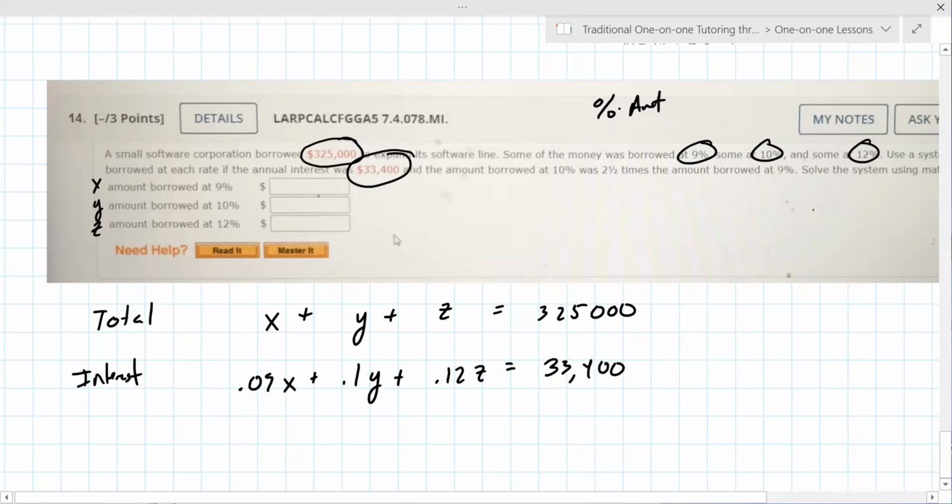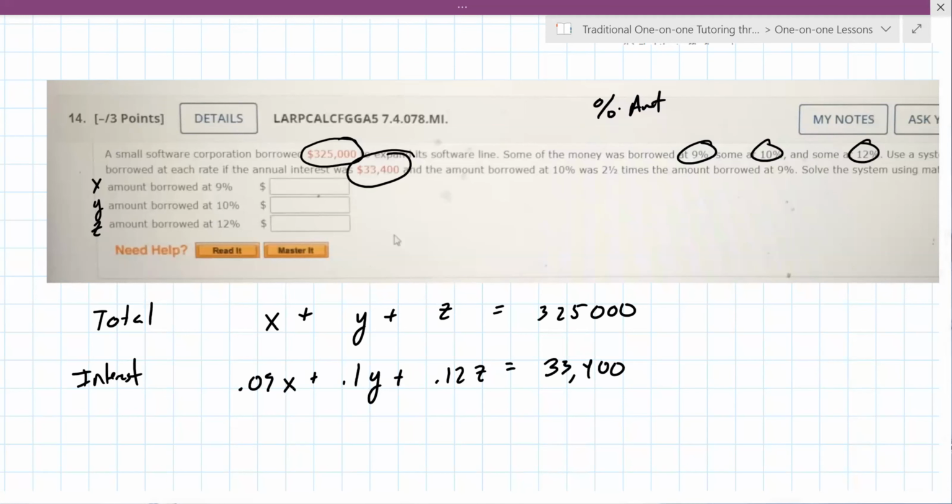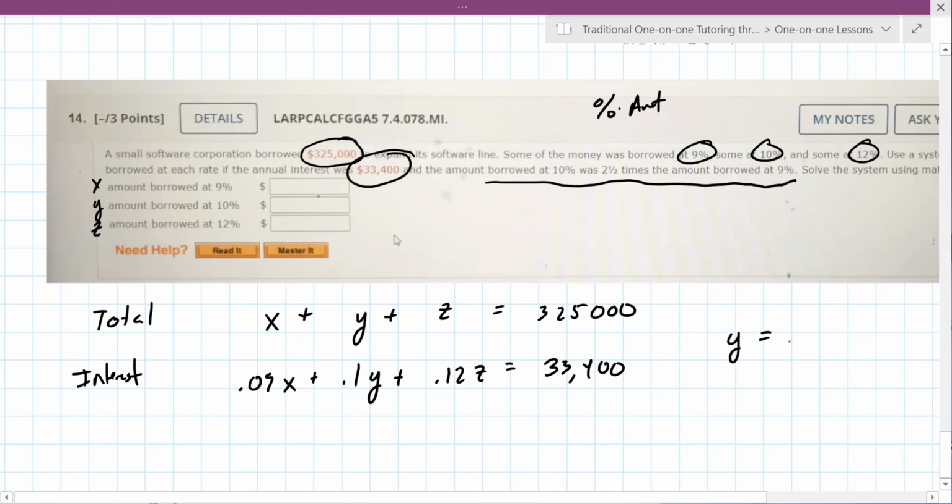And then there's some other information here, which I'm not seeing. Did I not snip it? Oh, the amount borrowed at 10%, I didn't even catch this. The amount borrowed at 10% was 2.5 times the amount borrowed at 9%. So the amount borrowed at 10% is Y. Y was 2.5 times the amount borrowed at 9%, which is, I'm sorry, X. So you have to pick some numbers here.